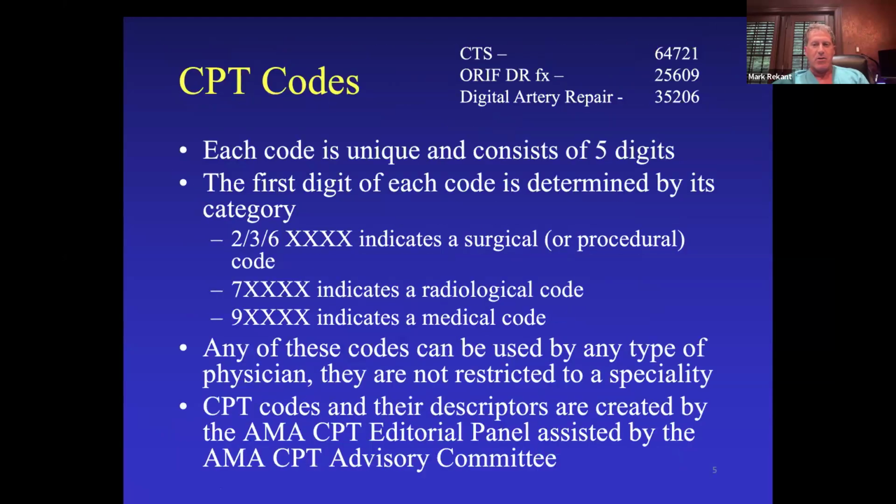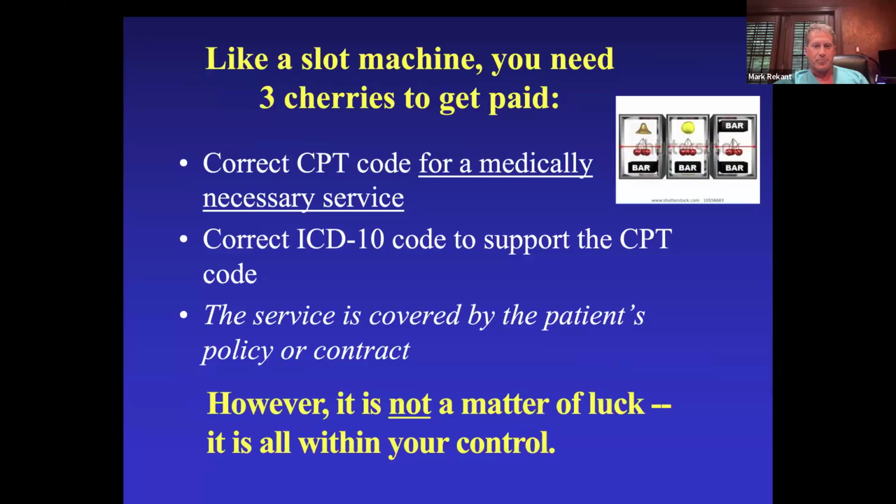I think the CPT codes are confusing, but you can see they all have 5 digits. Those beginning with 2, 3, and 6 are typically surgical or procedural. 7 are the radiology codes. 9 is sort of your office visits. Any of these codes can be used by any physician or APP. They're not restricted to any specific specialty, and they're designed by the AMA and other advisory committees, which would be another talk.